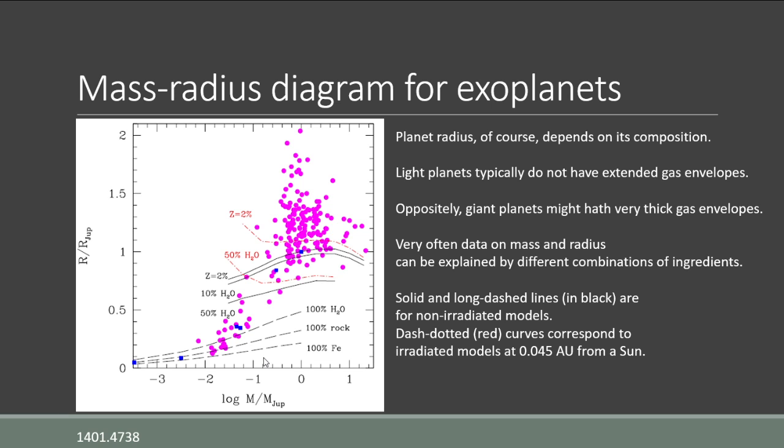We hardly can imagine a planet made out of gold, unless somebody made it artificially. So naturally formed planets, the heaviest ones, can be formed only from iron. So we can draw a line of how the radius depends on mass for pure iron composition. Pure iron is an idealization. There will be a mixture, and the mixture is a rock. So this composition corresponds to rocky planets.